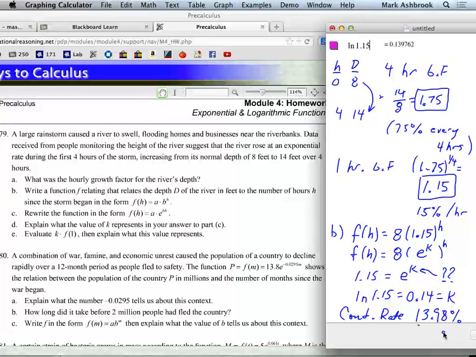So every hour, ln of 1.15. I rounded it here, and then when I changed the percent I got more accurate. So this is the percent increase of the height of the river every hour, 13.98%, right?